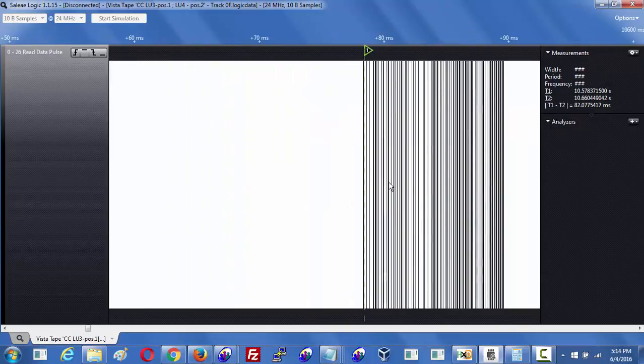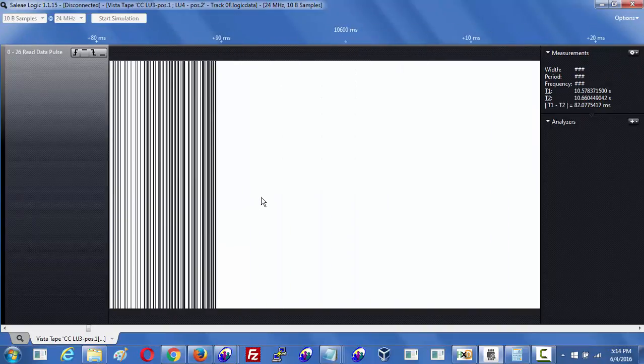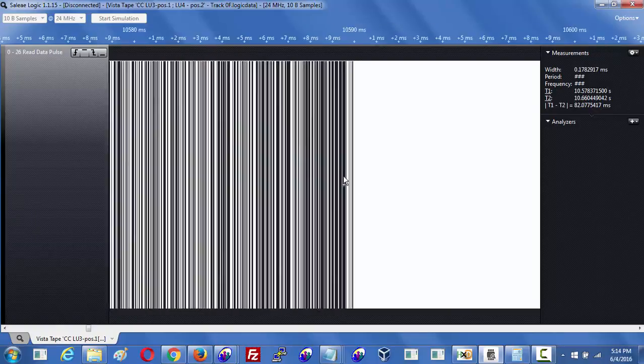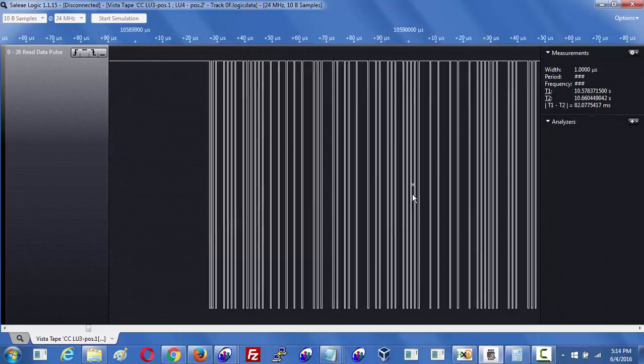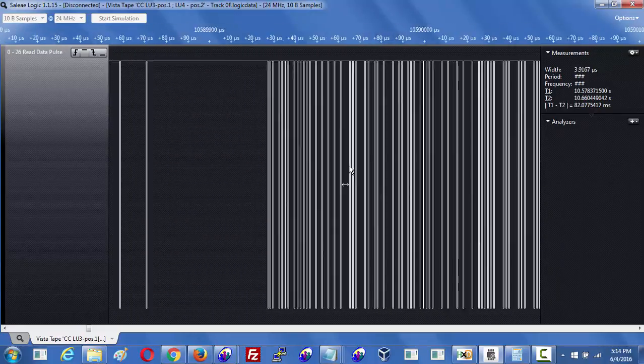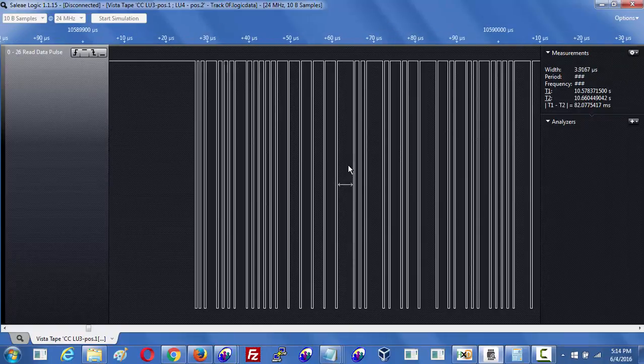So what we have then is this block isn't being counted. Why is this block not being counted? Well, I'll tell you why. Because there's no preamble. Look at that. There is no preamble whatsoever.